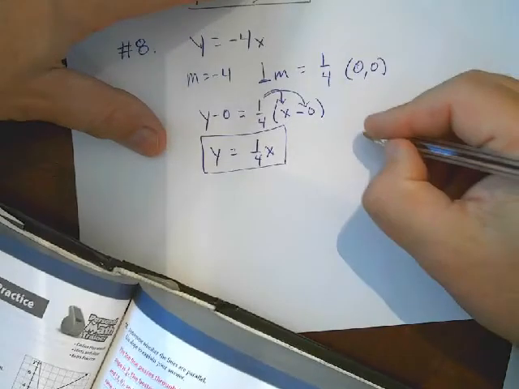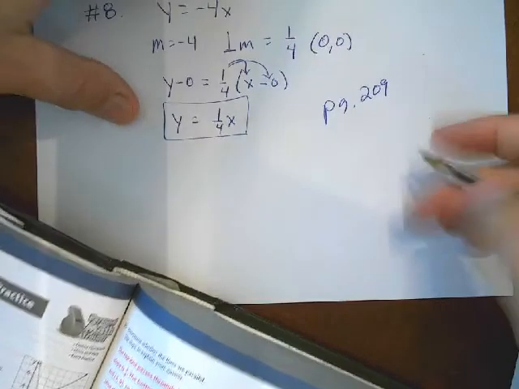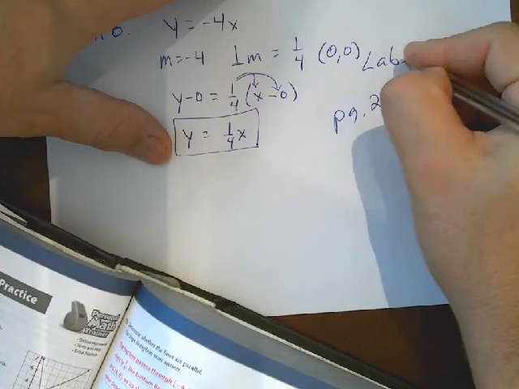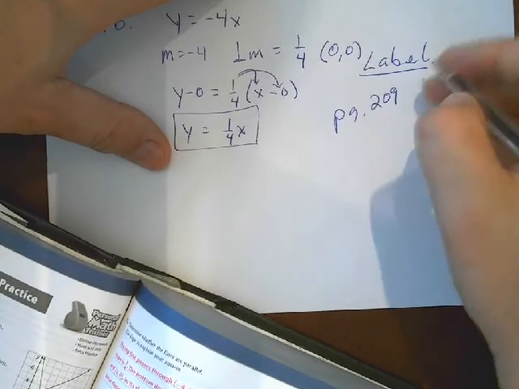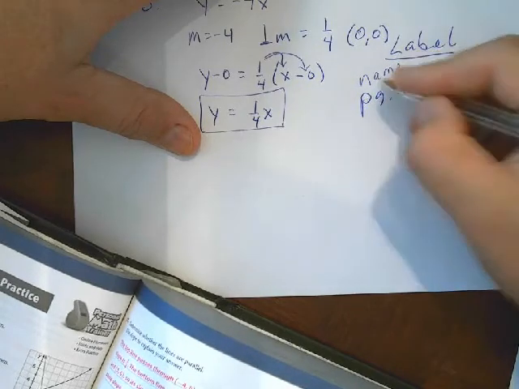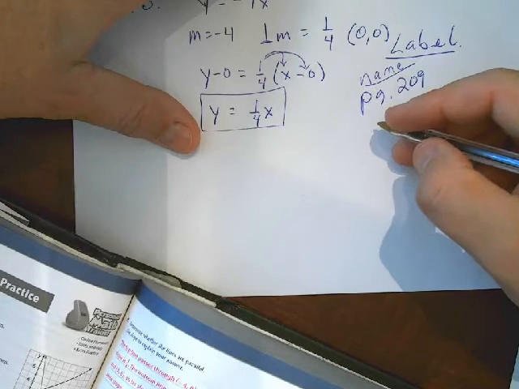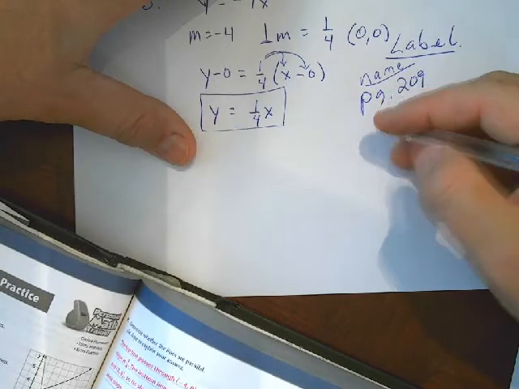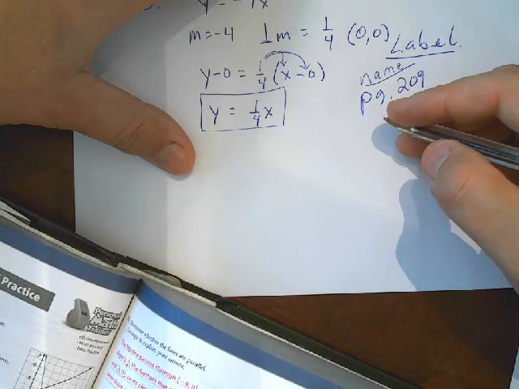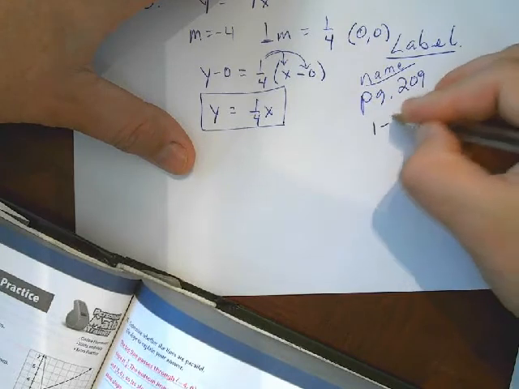All right, so we're going to start on page 209, the assignment. And remember now, when you want to label this, you have to label this at the top of your page. You got to put your name, the assignment, and then whatever it is. Let's go 1 through 15.